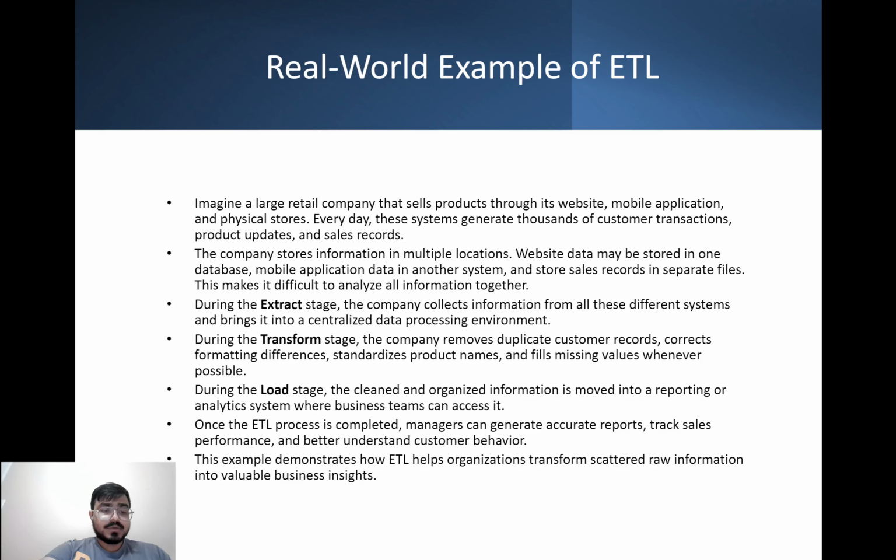During the load stage, the cleaned information is moved into a reporting or analytics system where business teams can access and analyze it. After the ETL process is complete, managers can generate accurate reports, monitor sales performance, and better understand customer behavior. These examples show how ETL helps organizations transform scattered raw information into valuable business insights.